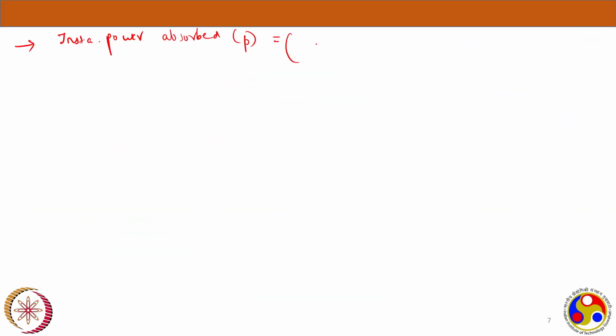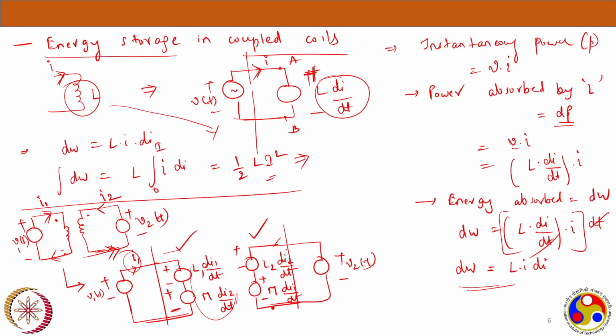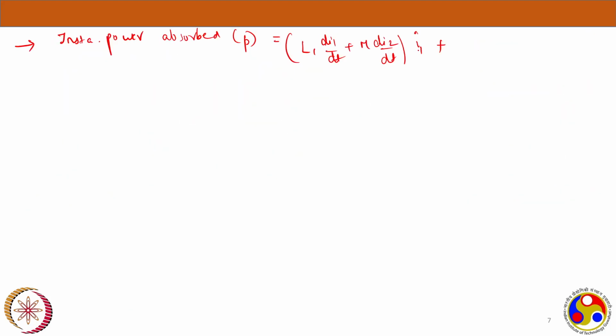That is L1 di1 by dt plus M di2 by dt, taken by I1. Now one more absorbing part is this one. This is taking the current I2: L2 di2 by dt plus M di1 by dt, that is due to the current I2.